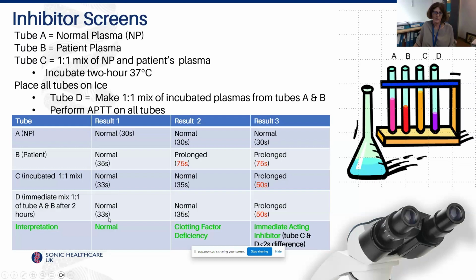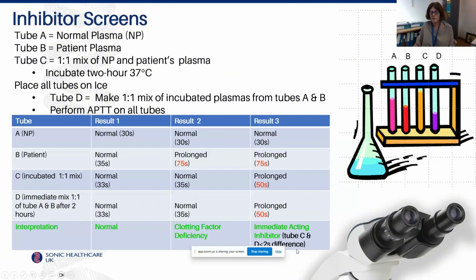That's the normal result. Result 2 is somebody who's got a clotting factor deficiency, where you've just got this prolonged APTT in tube B, which is the patient's plasma, but tubes C and D fully correct.